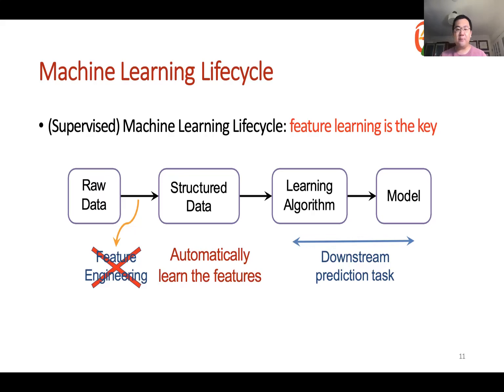With the rise of deep learning, people tend to use a neural network to automatically learn the features from the raw data, so that we don't have to do any ad hoc feature engineering. Once we learn the representation, we can feed that to the learning algorithm to learn a model, and then feed it to the downstream task.